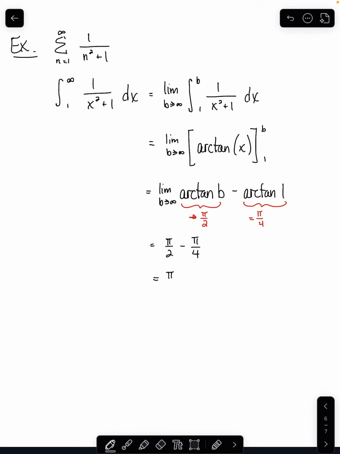Thus, the integral converges to pi over 4. So since the integral of 1 over x squared plus 1 dx converges, the series also converges.